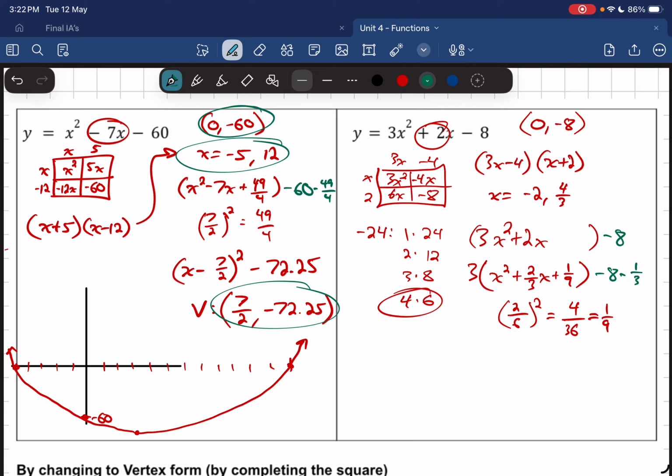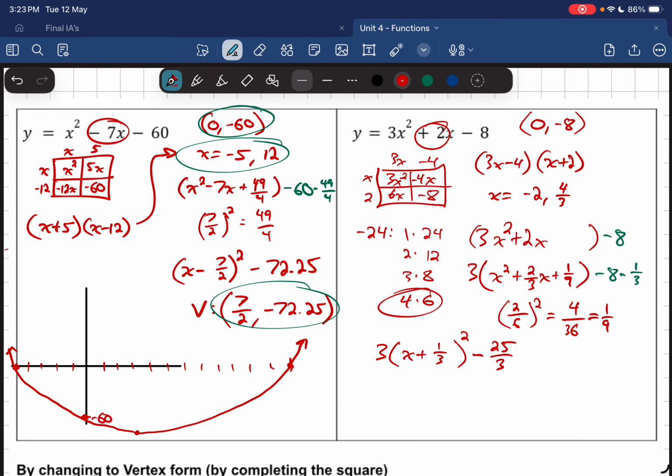Okay. What becomes of what I have here in red, so I'll have 3. My parentheses will become x plus 2 over 6, or 1/3. Okay, that'll be whole squared. And then I'll have negative 8 minus 1/3, which would give me, what, minus 25 over 3.